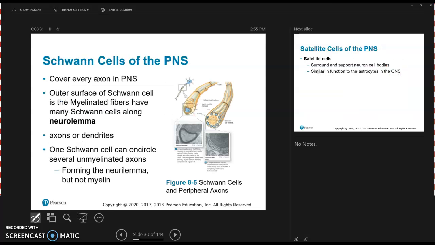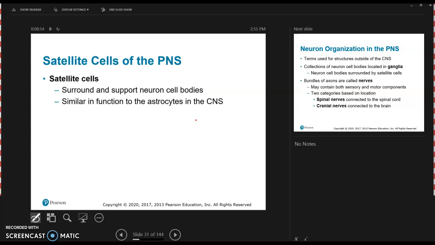Now, the peripheral nervous system, instead of oligodendrocytes, contains neuroglial cells called Schwann cells, and what they do is form the myelin that wraps around the axons in the peripheral nervous system. And satellite cells have a similar function as astrocytes, except you find them in the peripheral nervous system instead of in the central nervous system. So they form a barrier between blood and the neurons.